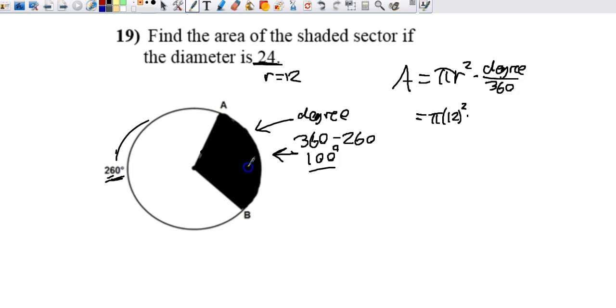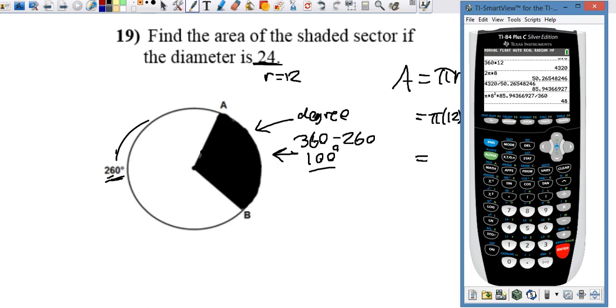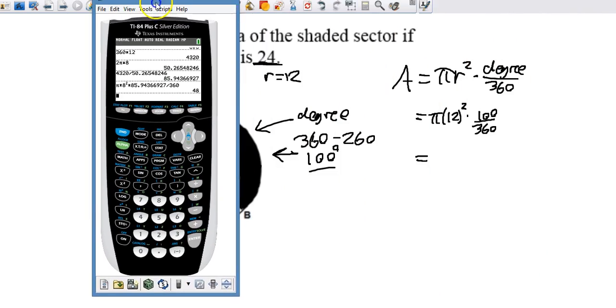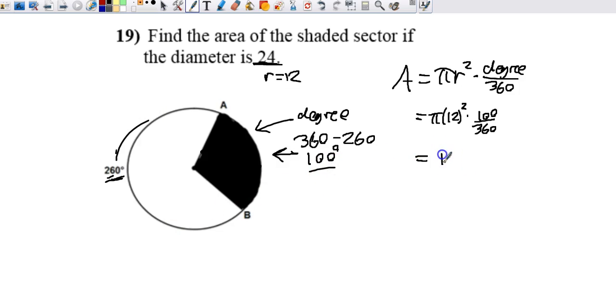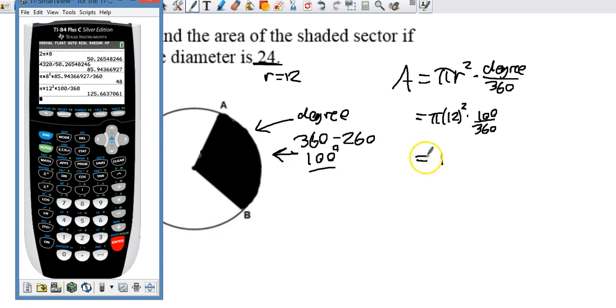Use the one that's representing the shaded part. And we're going to substitute that in the graphing calculator. So I'm getting about 125.66.